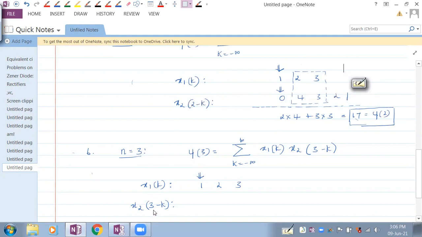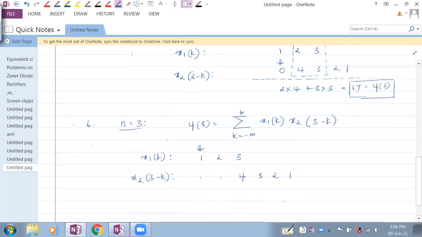Now for x2 of 3 minus k, you need to have 0, 0, 4, 3, 2, 1. Understand that? So how many samples are overlapping? Just one sample. So it is 12, and this is your y of 3.